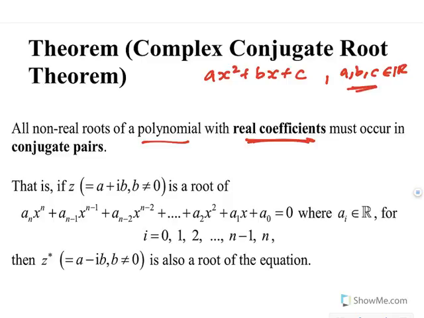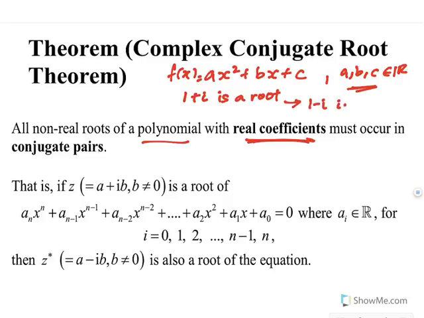When it's real, your complex roots occur in conjugate pairs. Meaning, if I give you this polynomial f(x), and I tell you that, oh gosh, 1 plus i is a root, what does it mean? It means that 1 minus i is also a root.